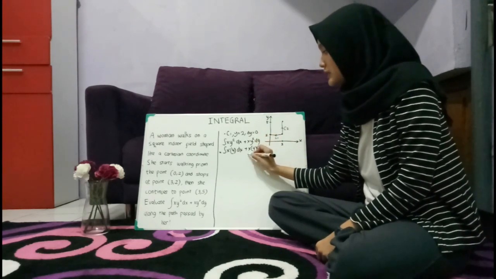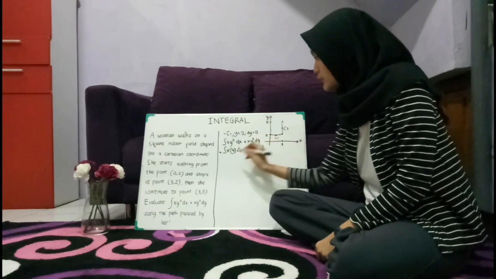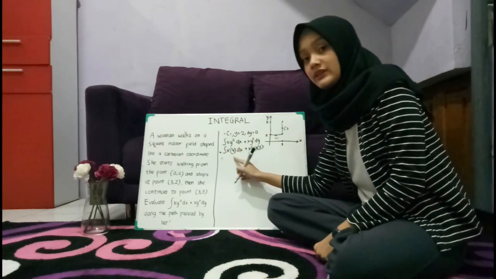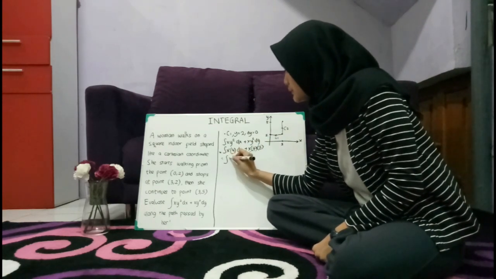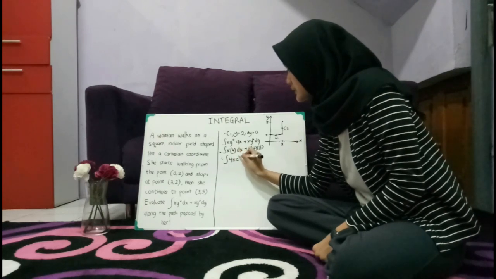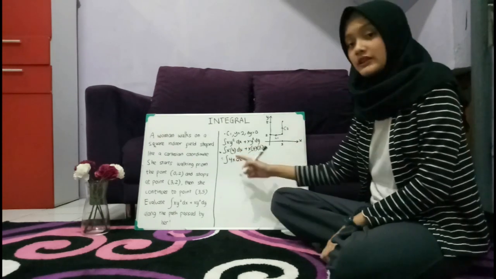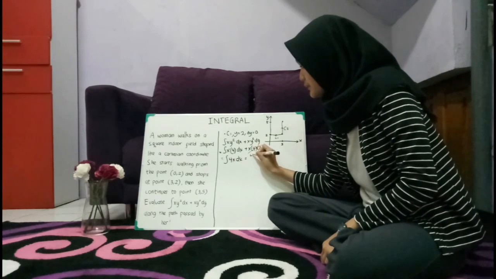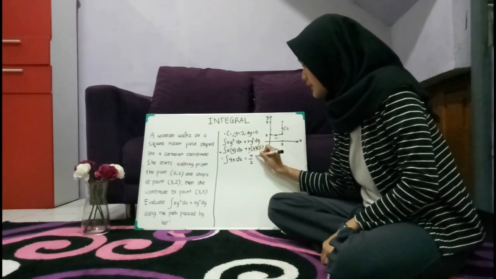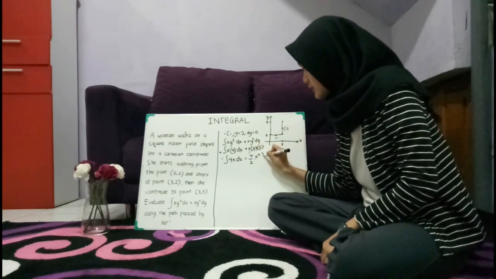So the value of this part will be 0. We just have to calculate this for x dx. So the integral of this is 4 over 2 x².